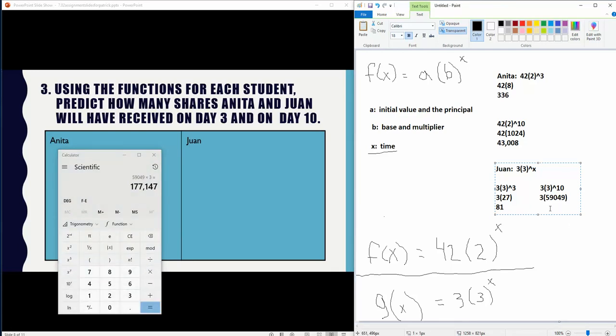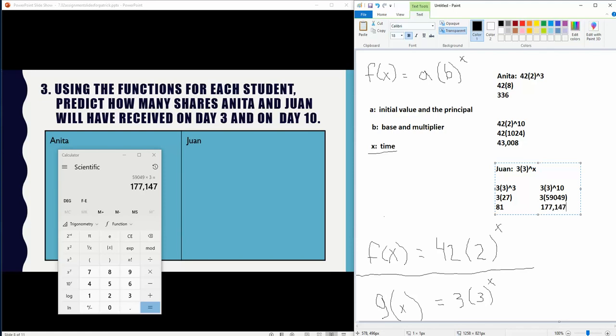So we can see that when we compare these two, early on, we can see something. Anita had more initial people, but her multiplier, the 2, was not as high as even just Juan's, which was 3. Yet, because this is exponential, it kind of explodes on us.